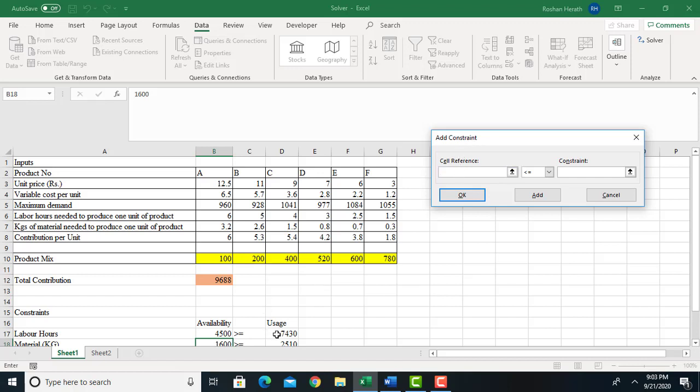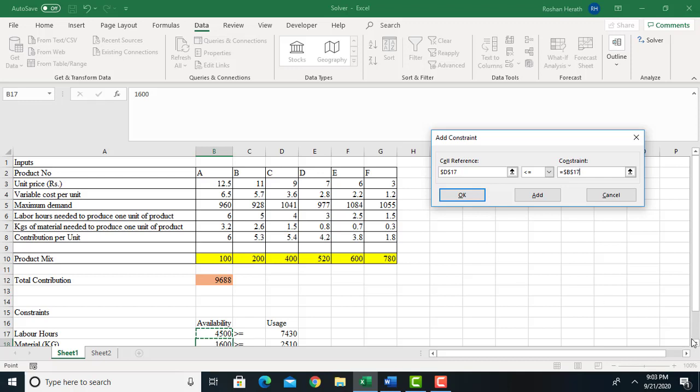So therefore I might select the usage of the labor in this given business scenario. You have several options. Out of that, we want the usage to be less than or equal to what? The constraint, that is 4,500.